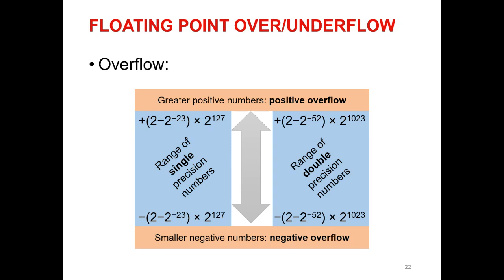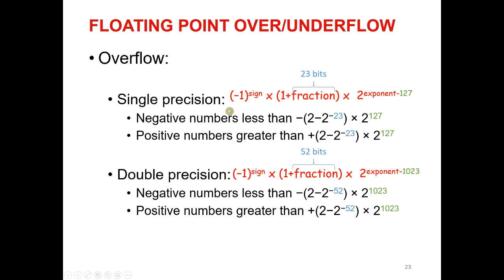Okay? So this is graphically, and in order to get those maximum and minimum numbers, we just do this operation, which is what I explained in the previous slide. We were using the number 23 because it's the number of bits that we can represent in the IEEE 754 format for the fraction.